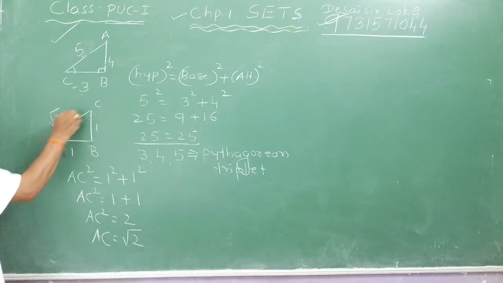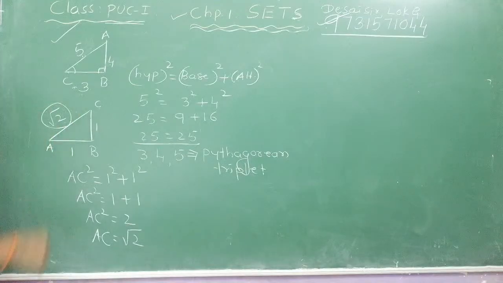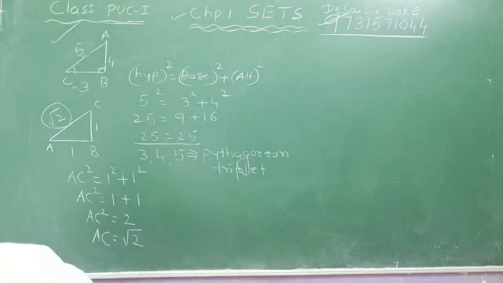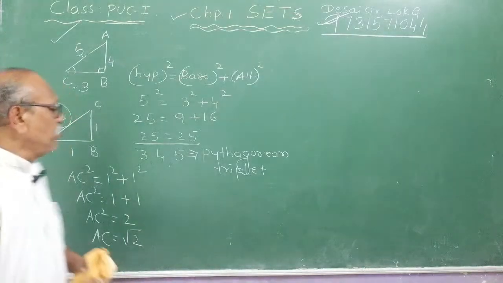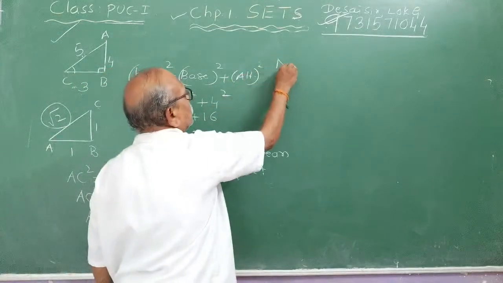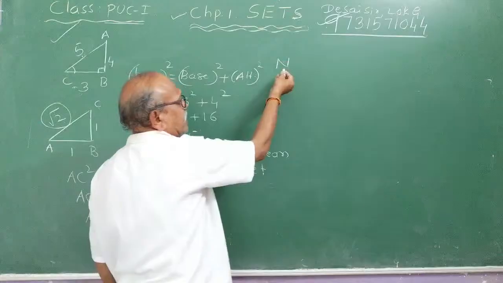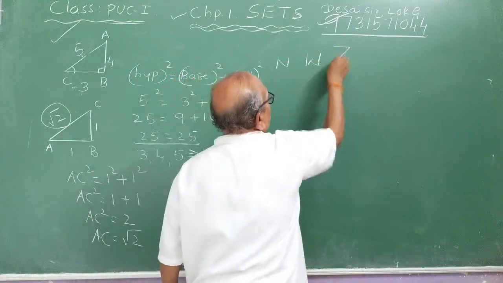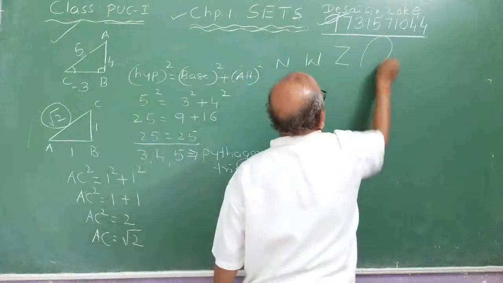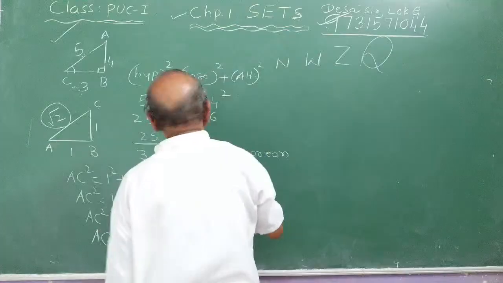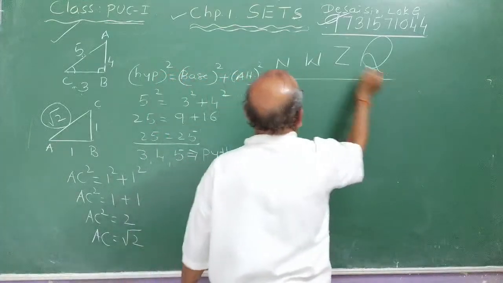Observe, this root 2 was surprising for them. Why? Because root 2 was neither a natural number. First set is natural numbers, bigger than that is whole numbers, bigger than that is the set of integers, bigger than that is rational numbers. And this particular root 2 couldn't belong to any of these.